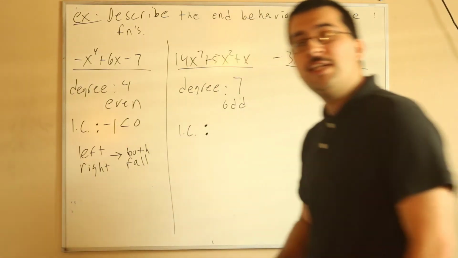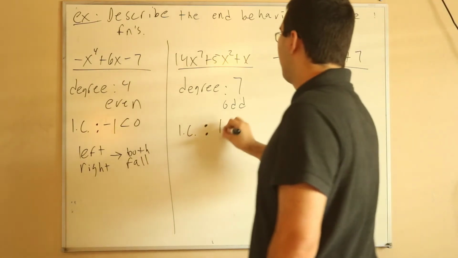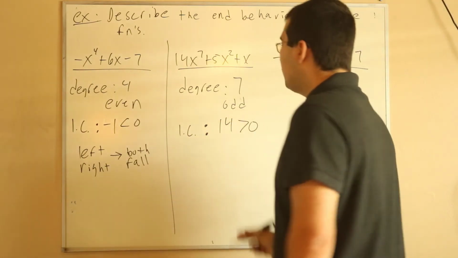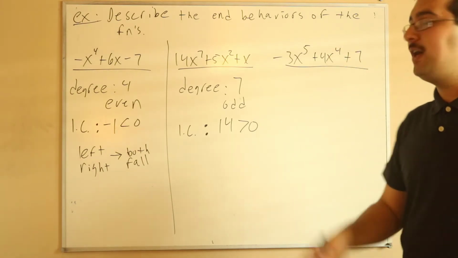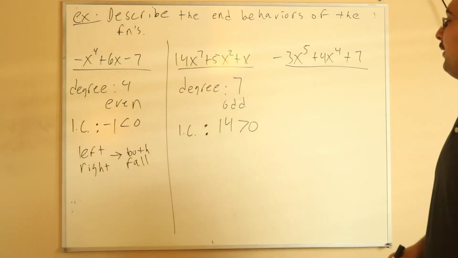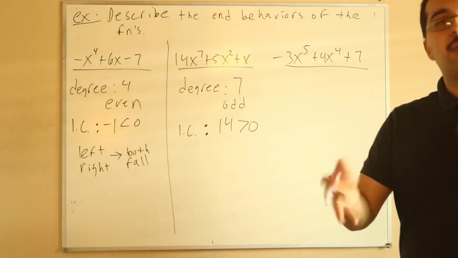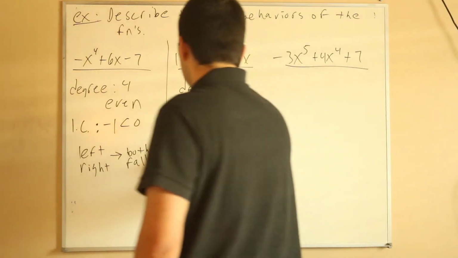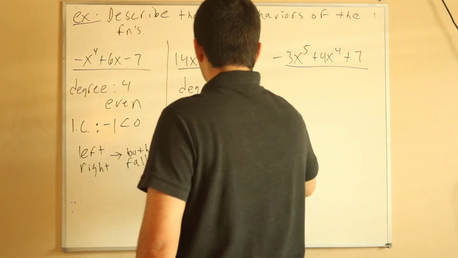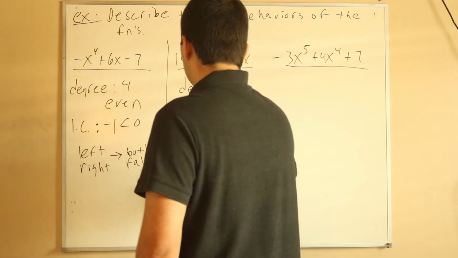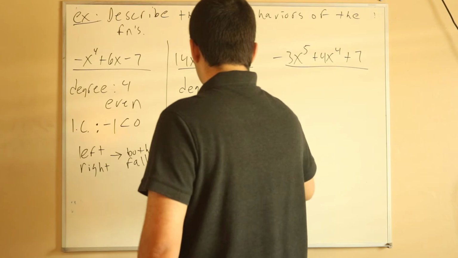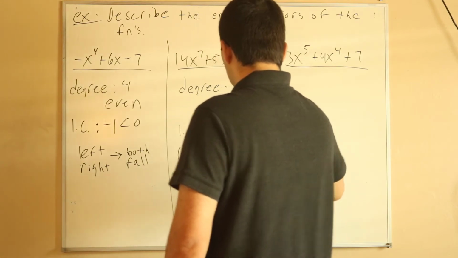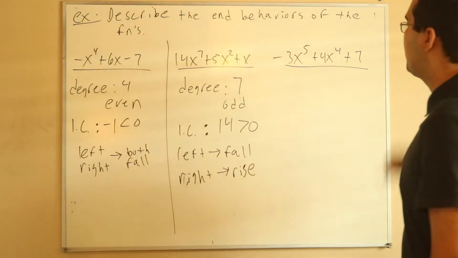And we can see quite easily that it is 14, which is greater than 0. So going back to our leading coefficient test, we can easily identify that this is a graph which shall fall on the left and rise on the right.